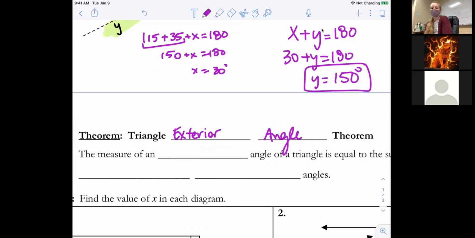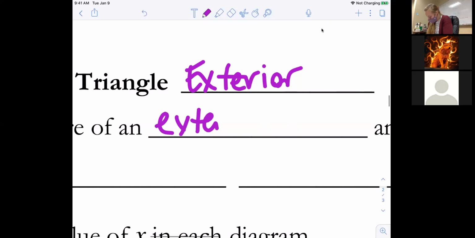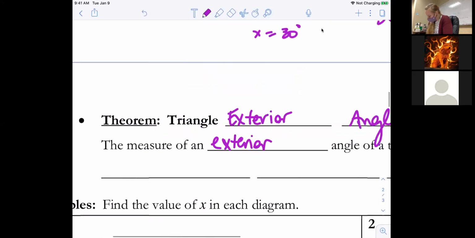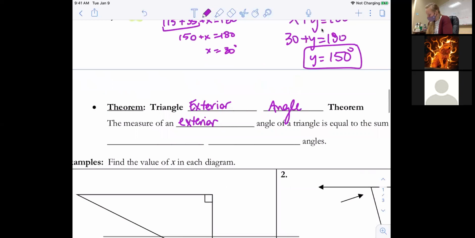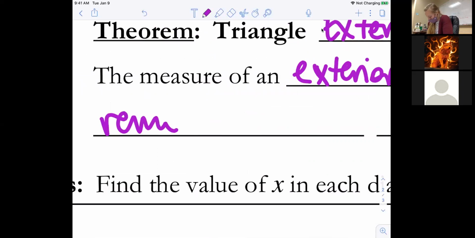Bless you. It says the measure of an exterior angle of a triangle is equal to the sum of the measures of its remote interior angles.